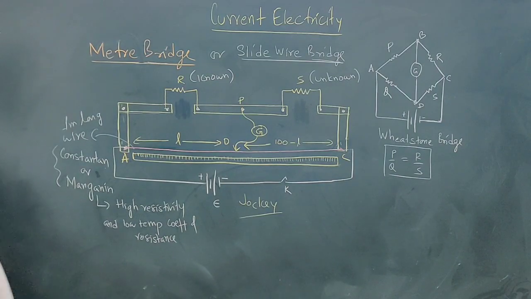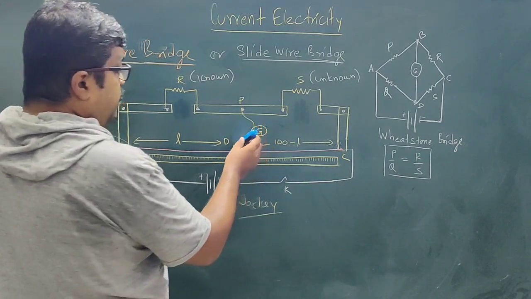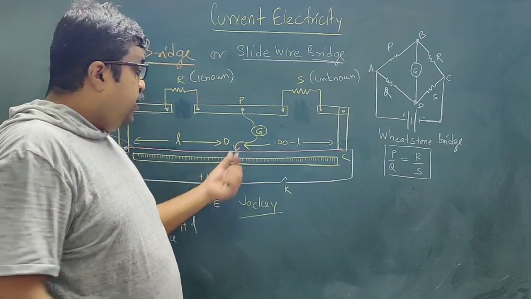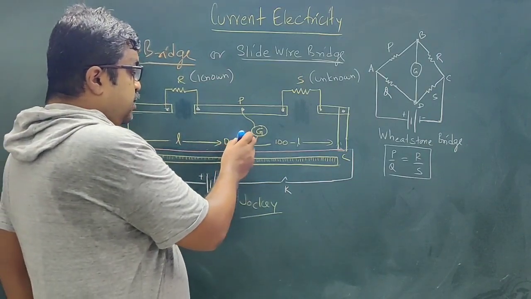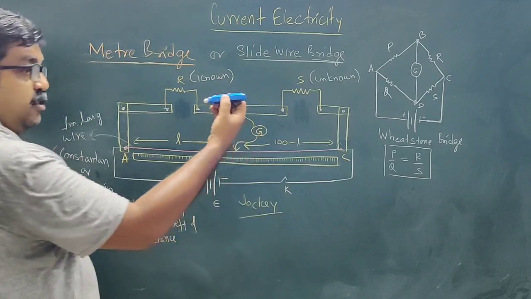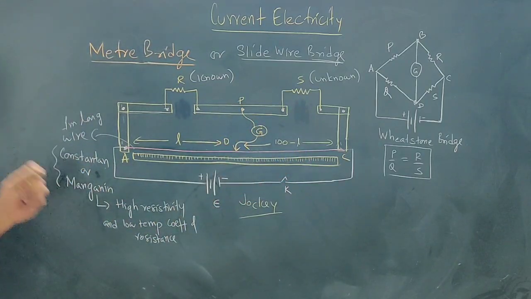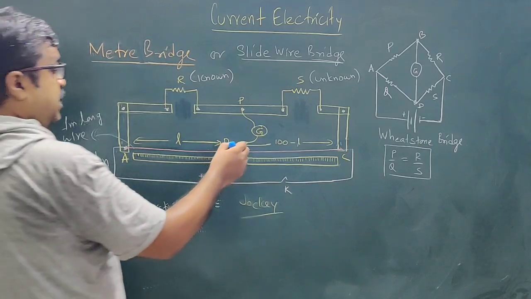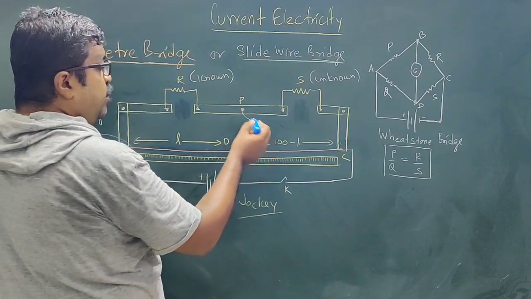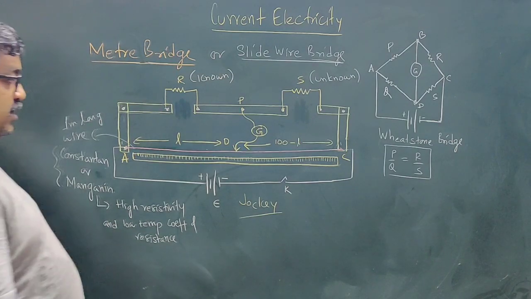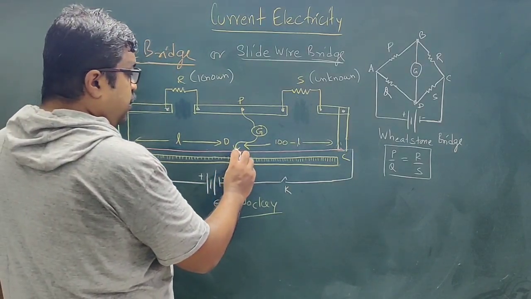Now we will try to locate the point. We will slide this jockey on this wire, this constantan or manganese wire, so that at some particular point the galvanometer shows null deflection. Suppose this happens at this particular location.